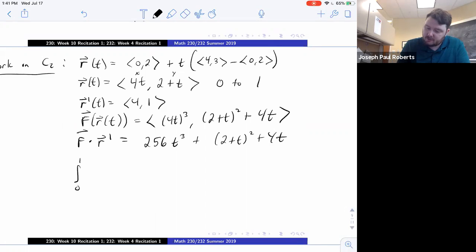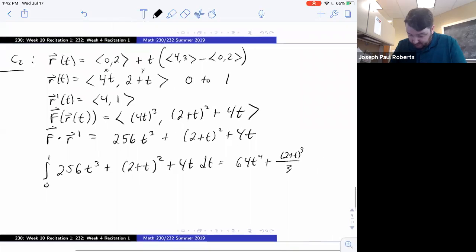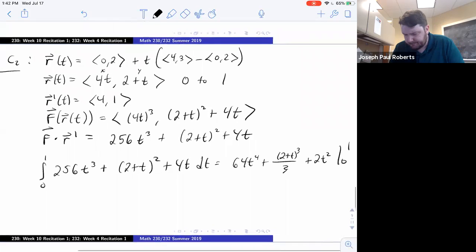So I do 0 to 1, 256 t cubed plus (2 plus t) squared plus 4t. My antiderivative is 64t to the 4th plus, I could multiply this out, but I might as well do a substitution instead. (2 plus t) cubed over 3 is the antiderivative, and then 0 to 1.